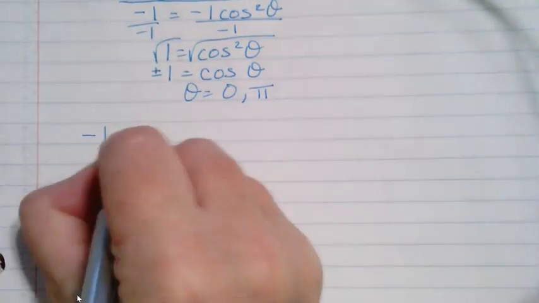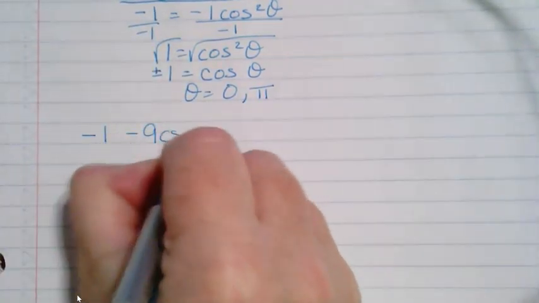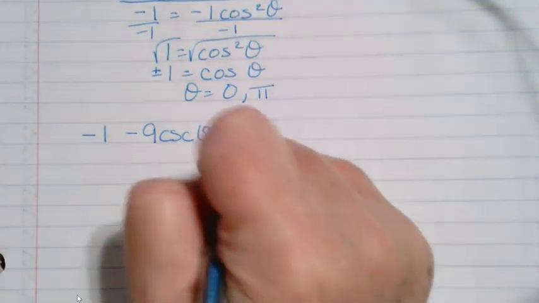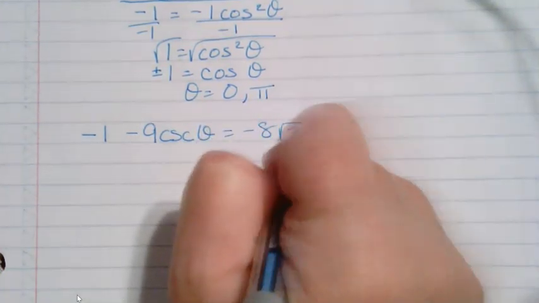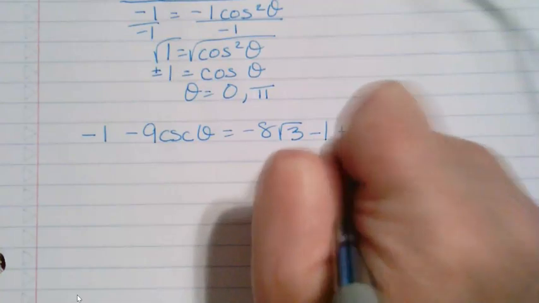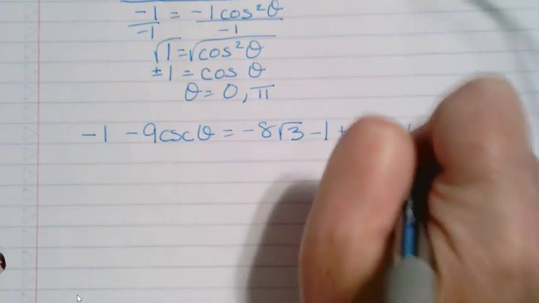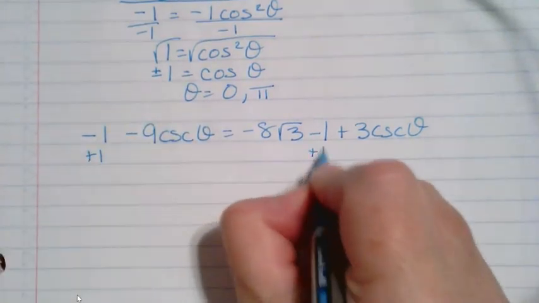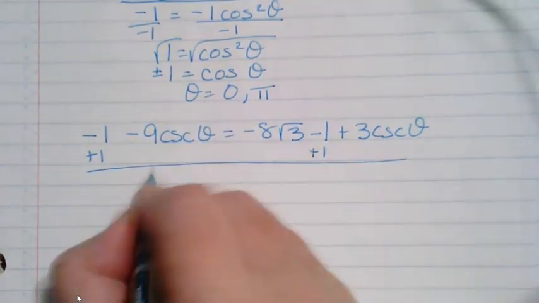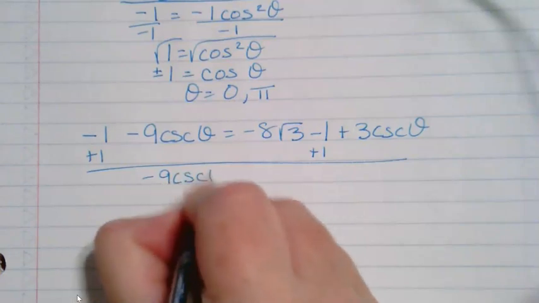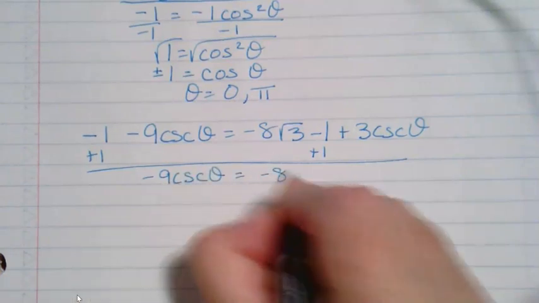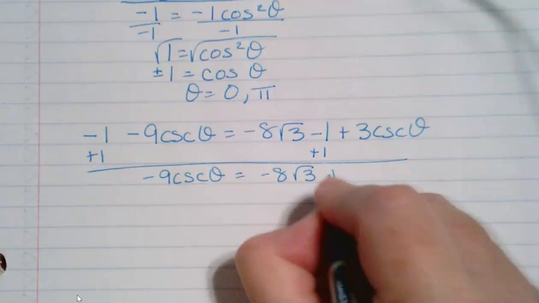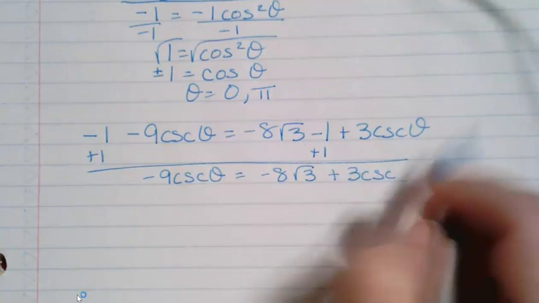Okay, negative 1 minus 9 cosecant theta equals negative 8 square root of 3 minus 1 plus 3 cosecant theta. So first what I'm going to do is just combine these ones. And what happens is beautiful. They both cancel out. Okay, plus 3 cosecant theta.